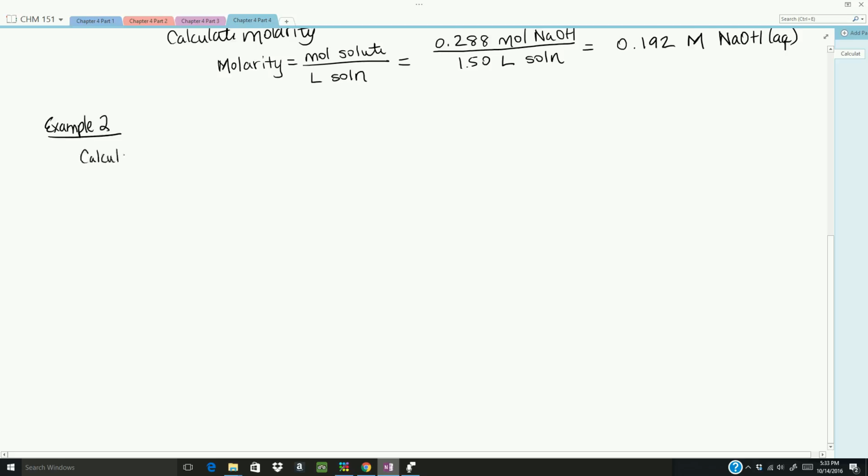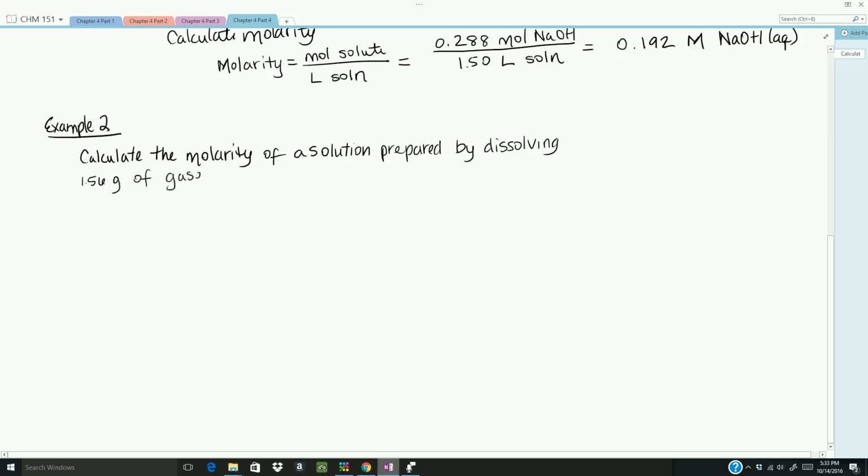This example says: calculate the molarity of a solution prepared by dissolving 1.56 grams of gaseous HCl in enough water to make a 26.8 milliliter solution.